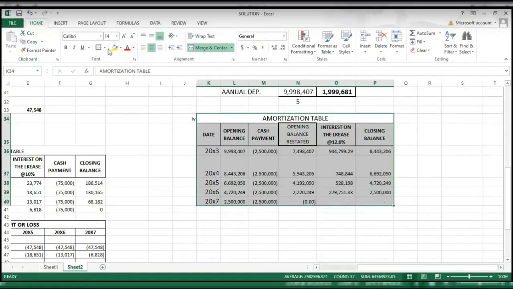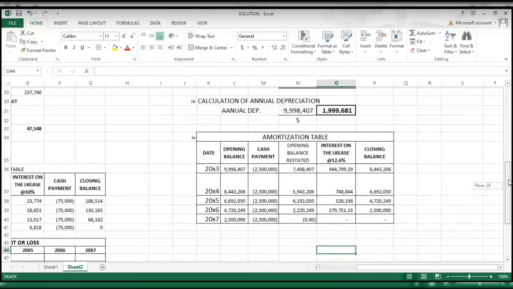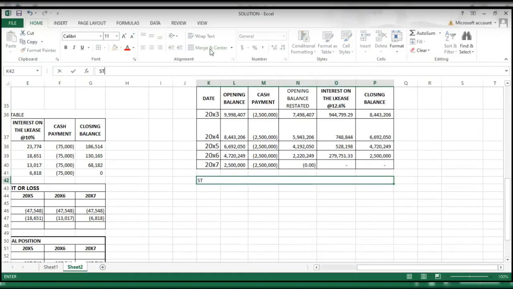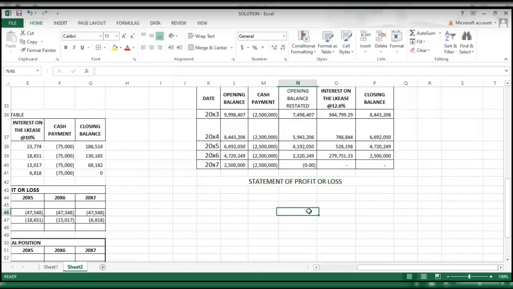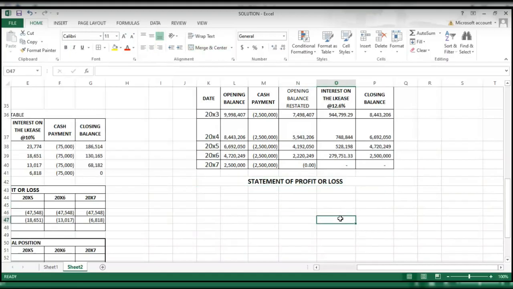So after the amortization table, what next is to prepare our financial statement extract. Statement of profit or loss. When we do that one, you know the information that will go there. Only the depreciation charges and the interest on the liability.